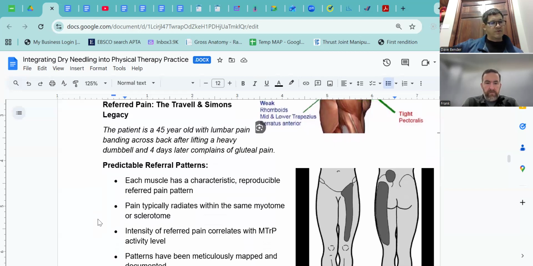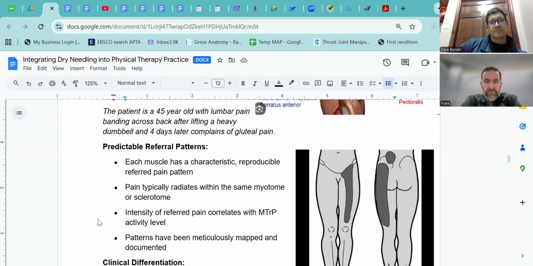So for pain, looking at Travell and Simons' model: the patient is 45 years old with lumbar pain, banding pain across the back with heavy lifting, with heavy dumbbells, and 4 days later complains of gluteal pain. You know, predictable referral patterns. Here's what we have. Each muscle has its characteristic reproducible referral pattern.